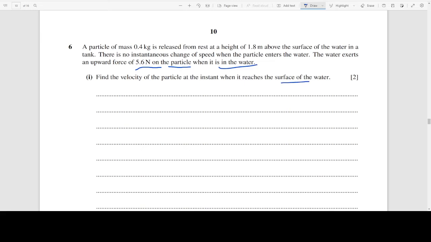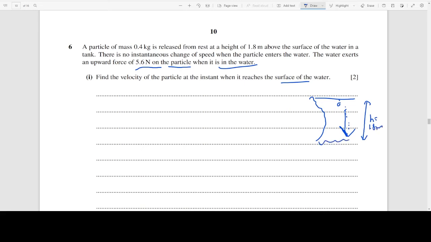So it's not in the water right now. So let's say we have this cliff and we drop a particle from here, and the height is 1.8 meters.